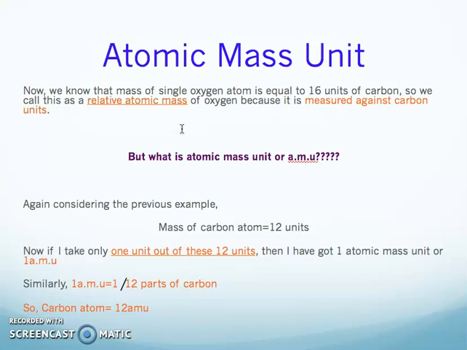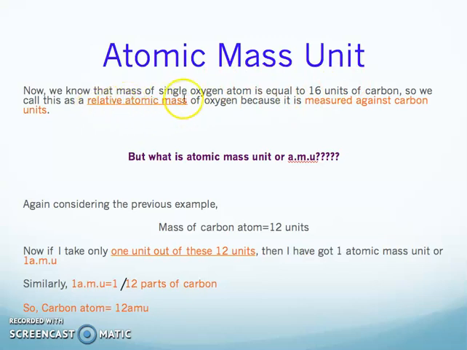We need to add the unit to express a term. In the same way, atomic mass is not something that can be weighed in kilograms, grams or even micrograms. It is so small that it has to be measured in its specific unit called AMU, or atomic mass unit.